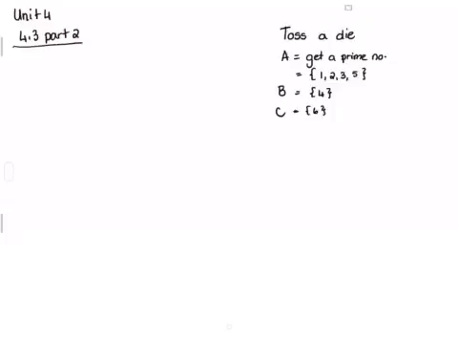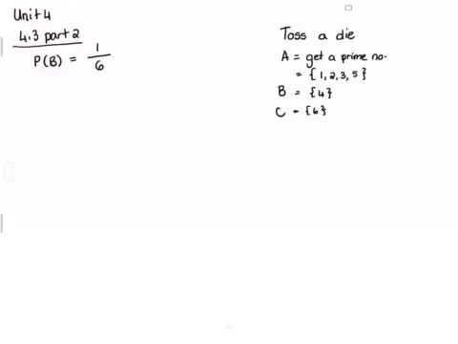Let's start off with the probability of event B, the probability of getting a 4. Remember your rule. How many 4s are there on a die? 1. How many sides are there on a die? 6.